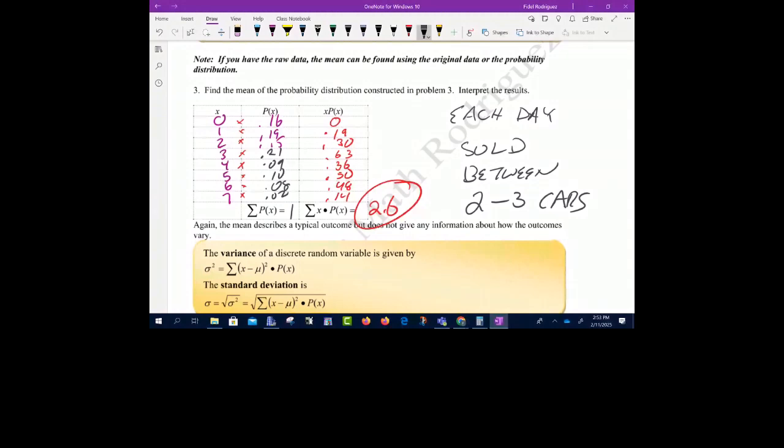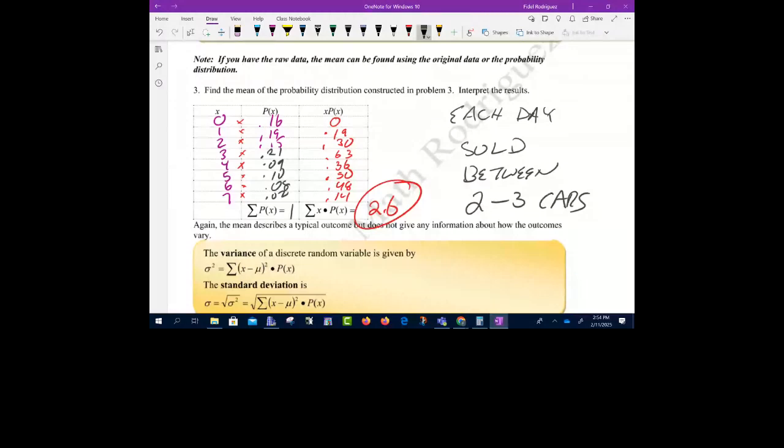That's all we're saying. On average, if you were to take all 100 days and figure out how many cars they sold, they sold between 2 and 3 cars. They sold 2.6 cars, but you can't sell 0.6 of a car. So we're going to call it between 2 and 3 cars, right? That's how we basically do the average.